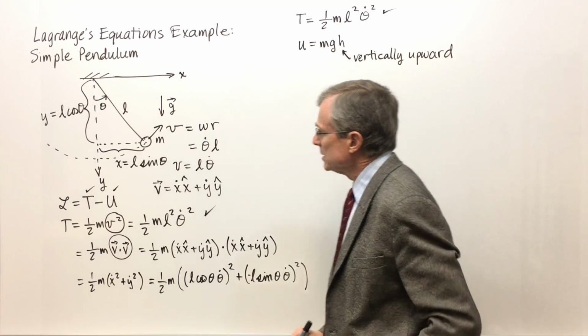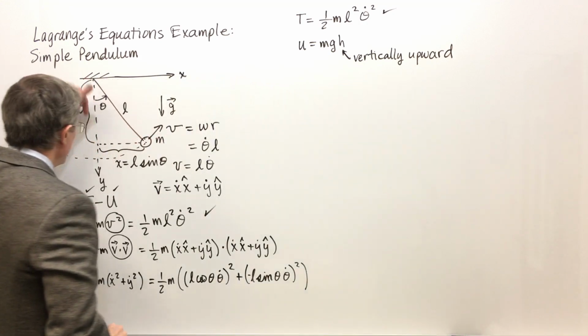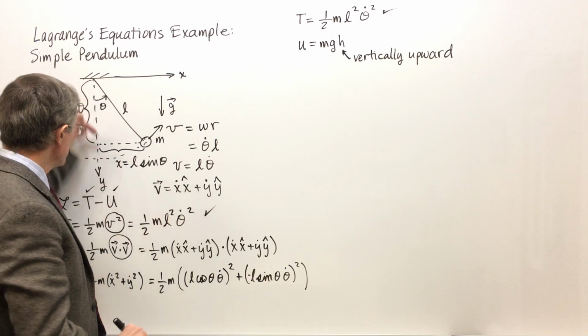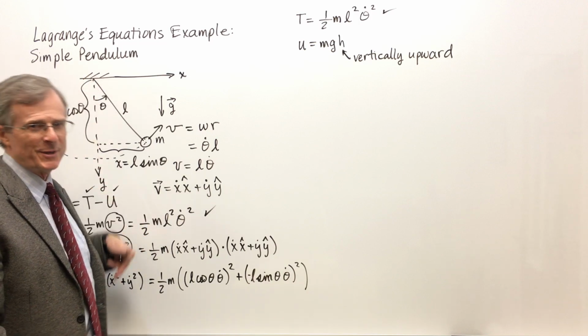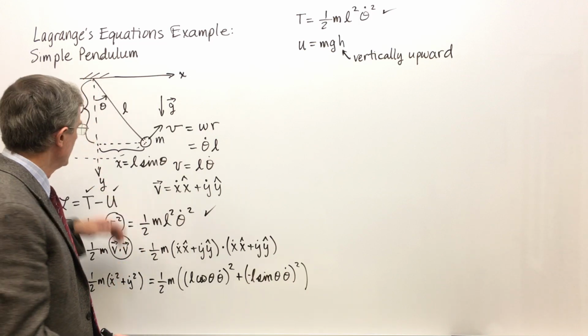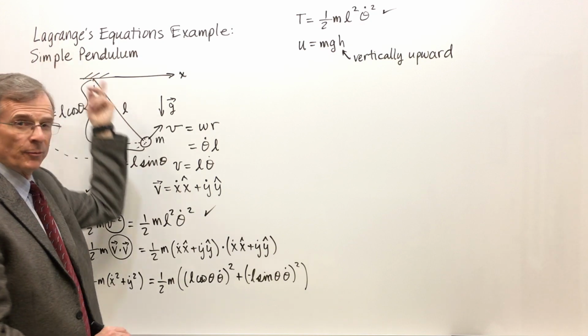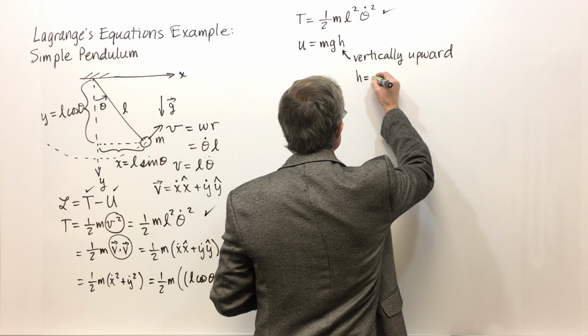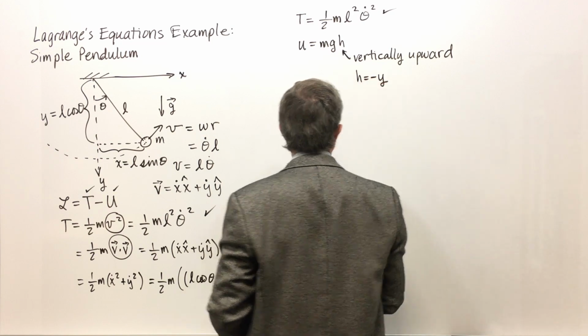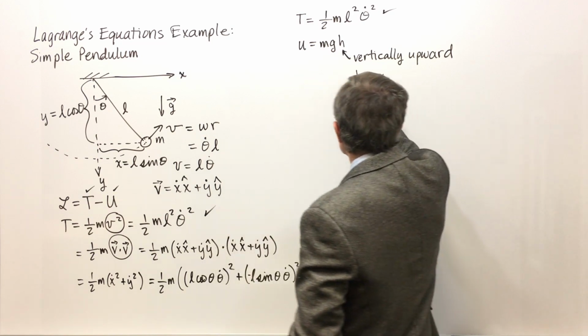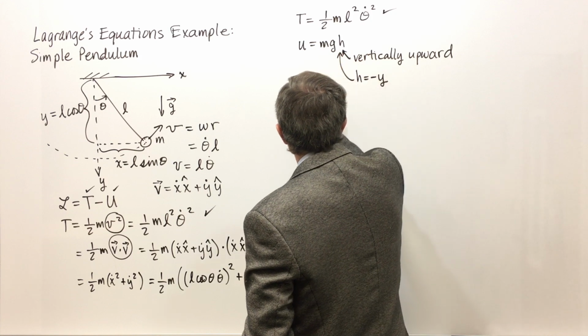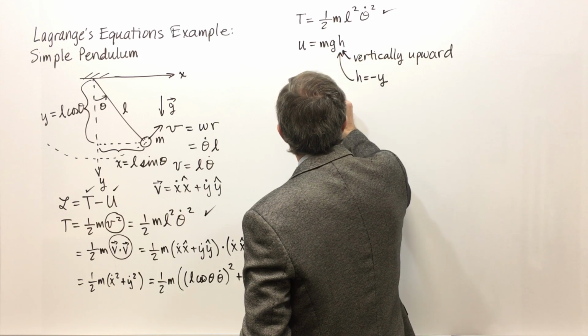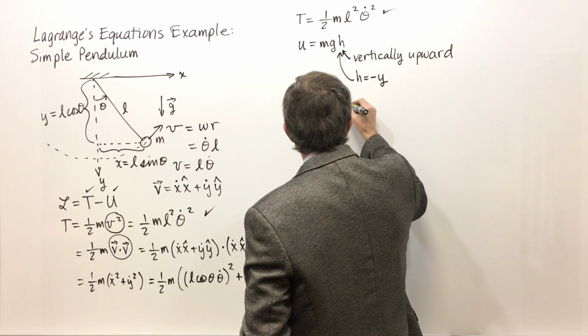Well, we have something that's measured vertically, it's y. But unfortunately, it's not measured vertically upward, it's measured vertically downward. So if we want to have something that's measured vertically upward, then we can just simply say that h is minus y. And substitute that in here, and we get that the potential energy is minus mgy.